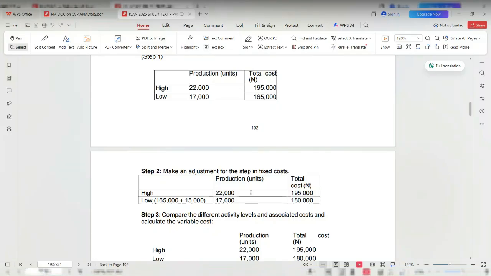We can say that let us subtract 15,000 from this 195,000, while we leave this 165,000 like that. Or we say that let us add 15,000 to this 165,000, while we leave 195,000 the way it is. So you can use whatever method you want to use. Do you get?